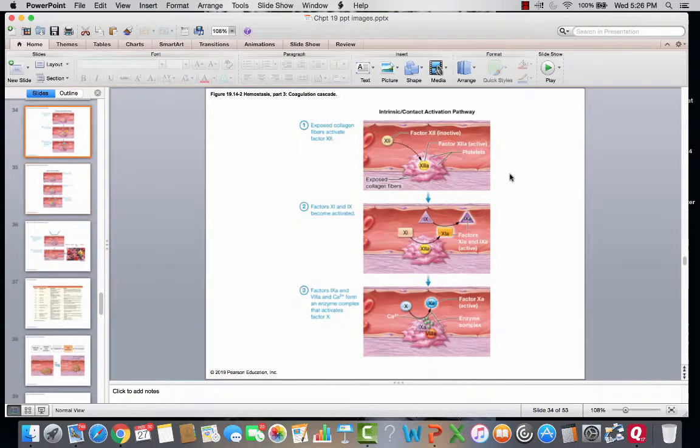The other one's not so easy to reverse. So if something goes wrong, we might see that our patients are going to bleed a lot longer than we want them to.